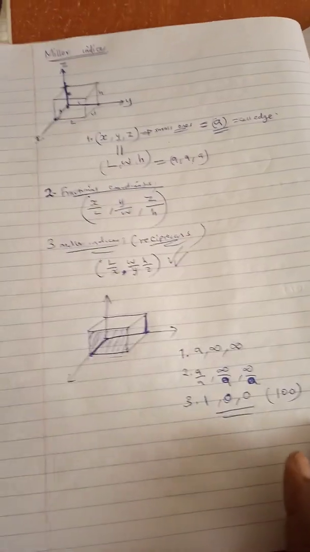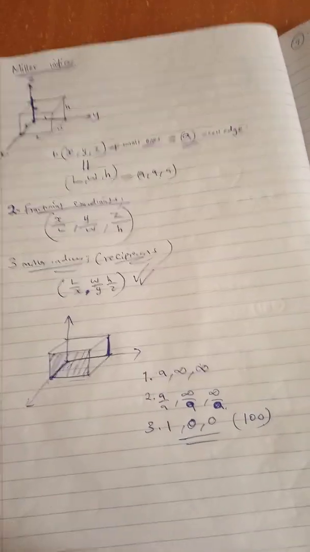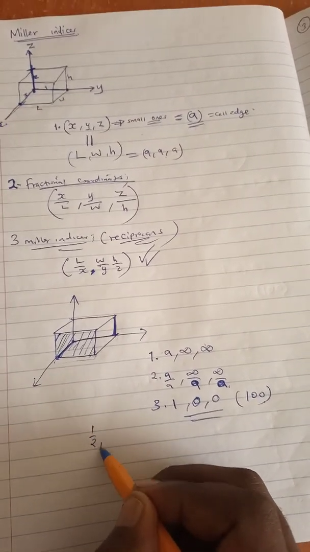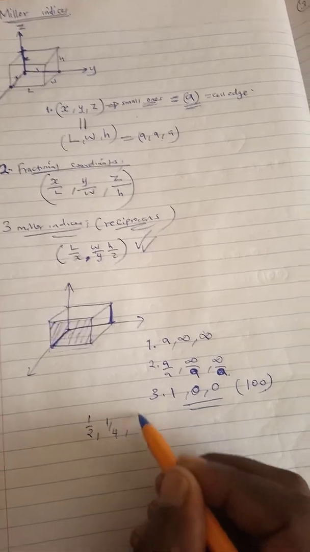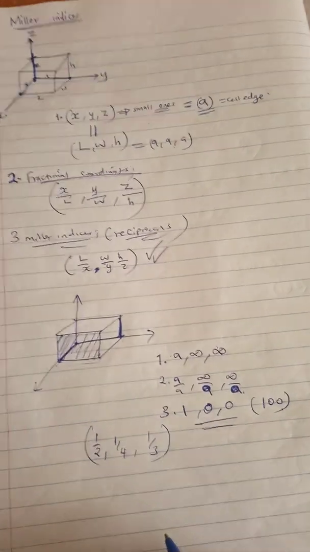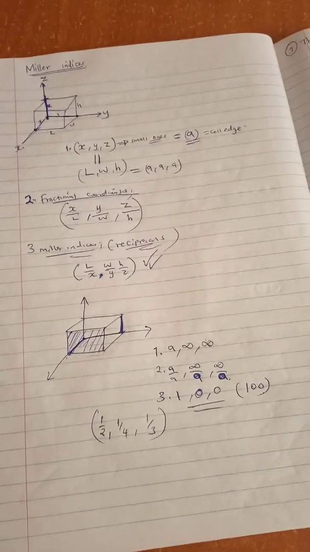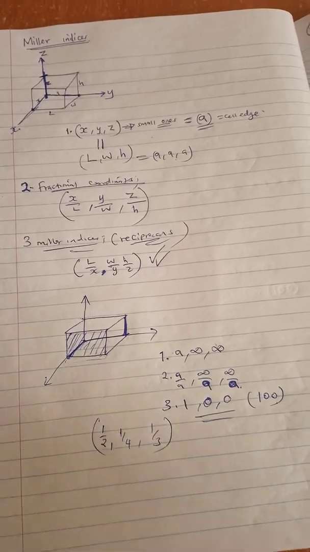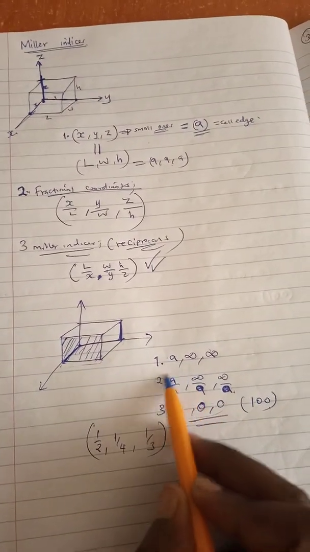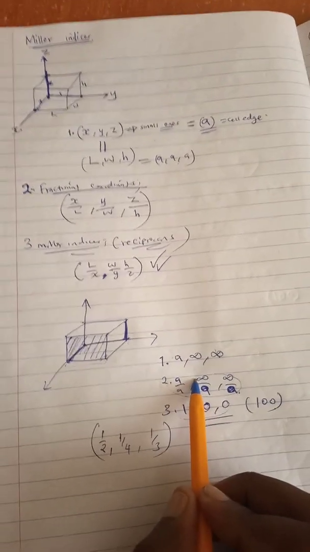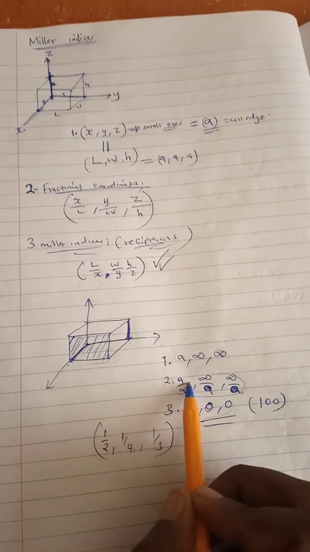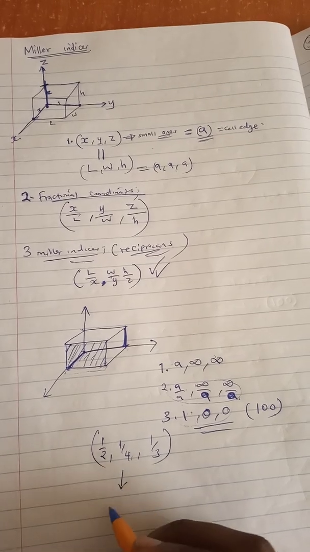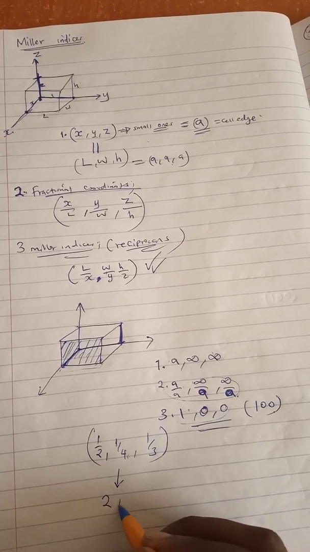So if you are asked to draw Miller indices of maybe a half, a quarter and a third coordinates, what you do is like retrosynthesis. We had an inverse as the last step, so to go back you inverse it to get the answer. Here the inverse comes to 2 4 3.